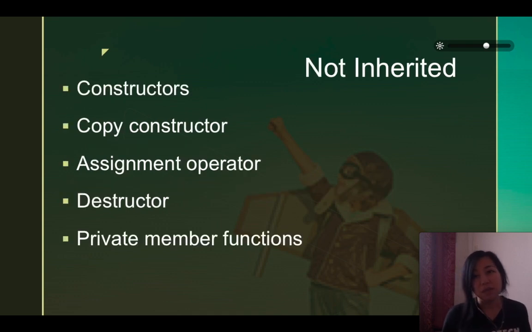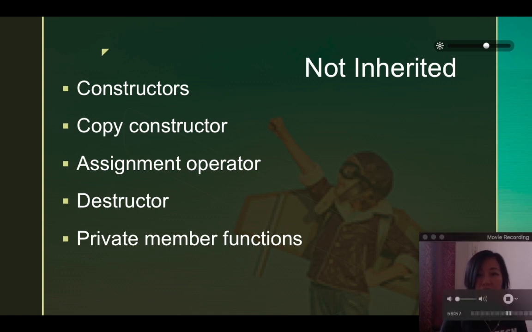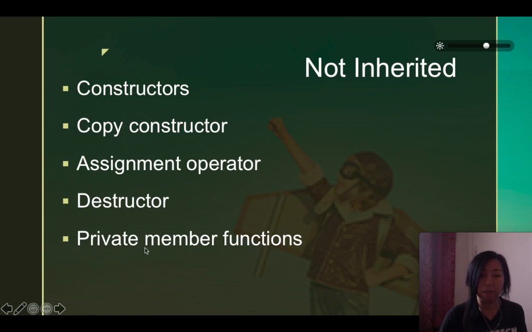What are not being inherited? Like I said, constructors, but also the copy constructor, the assignment operator that's being overloaded or not, the destructor, and any private member functions are not inherited. For the case of private member functions, there's nothing you can do about this.